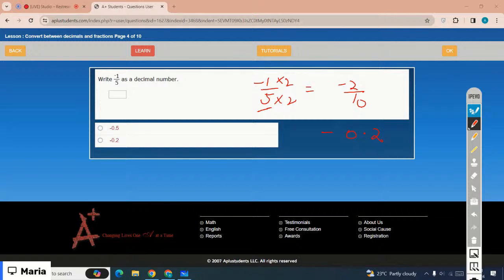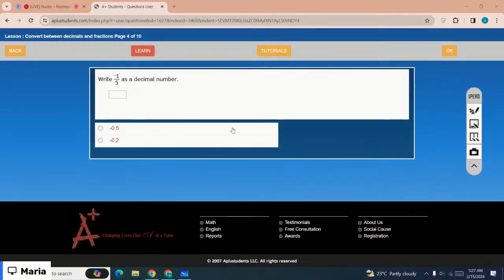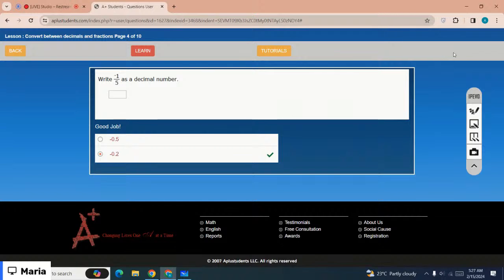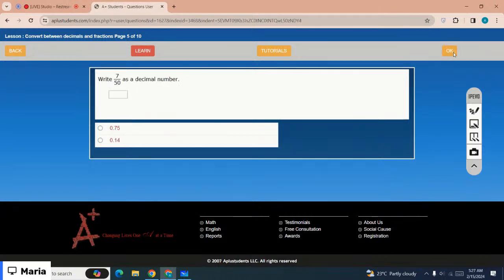The next one is 7 over 50, which is the correct option?